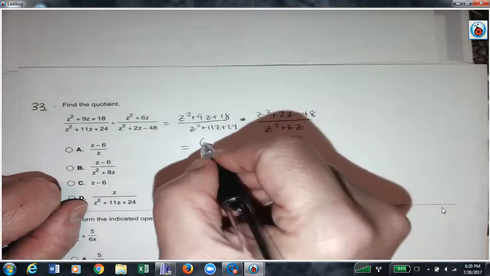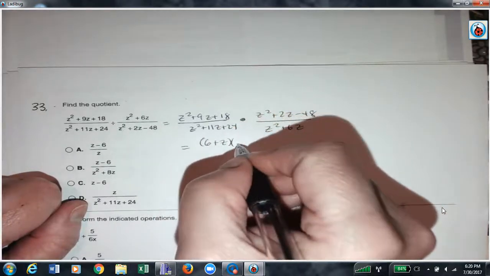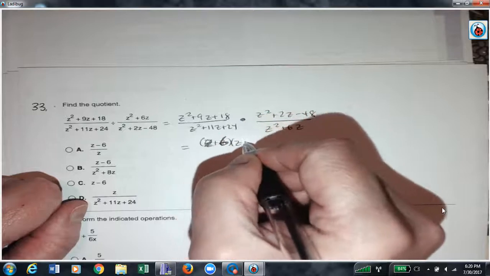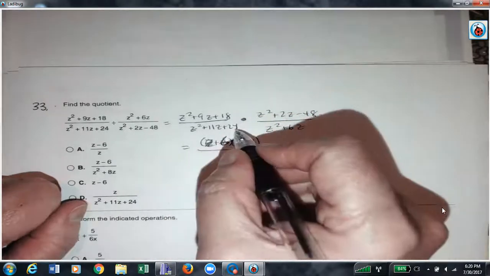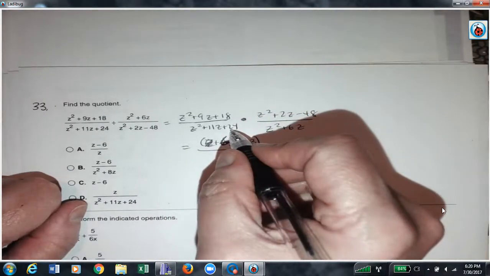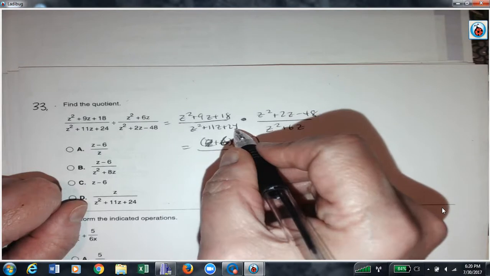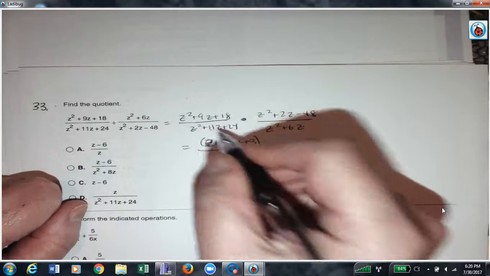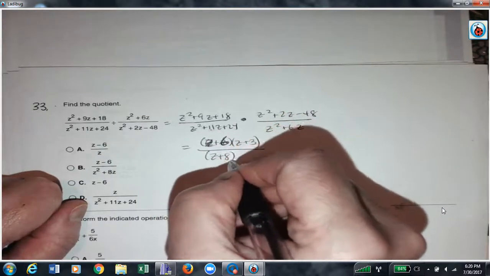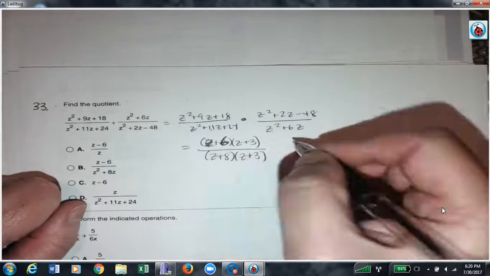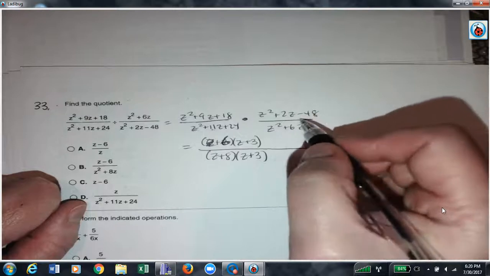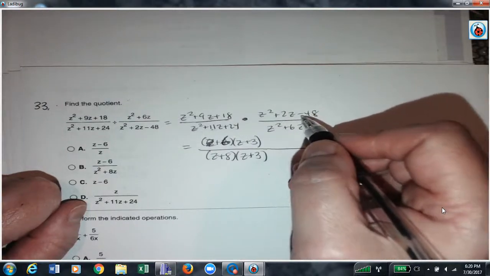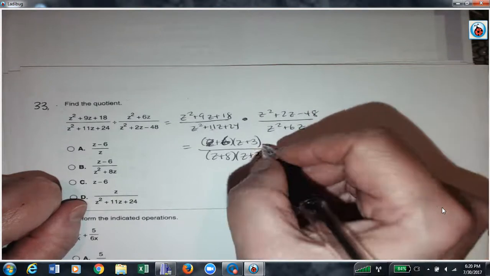So I'm going to have 6 and 3 there, z plus 6 and z plus 3, and not 6 and 4, 8 and 3 for this one, for that to work. And here, 6 and 8, so I'm going to need positive 8 and negative 6.